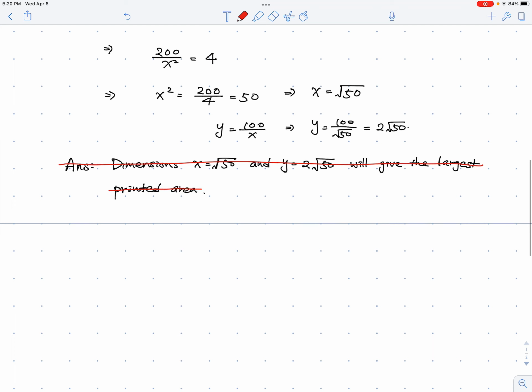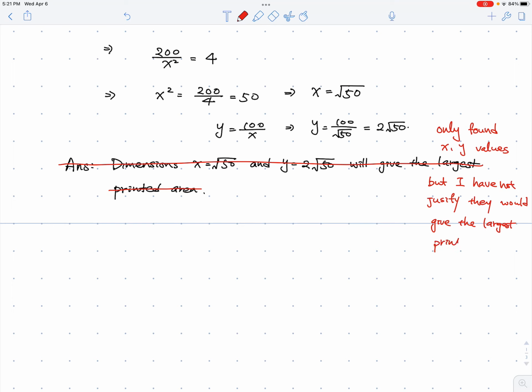Alright, so what happens here is at this point I have only found x and y values, but I have not justified they would give the largest printed area.